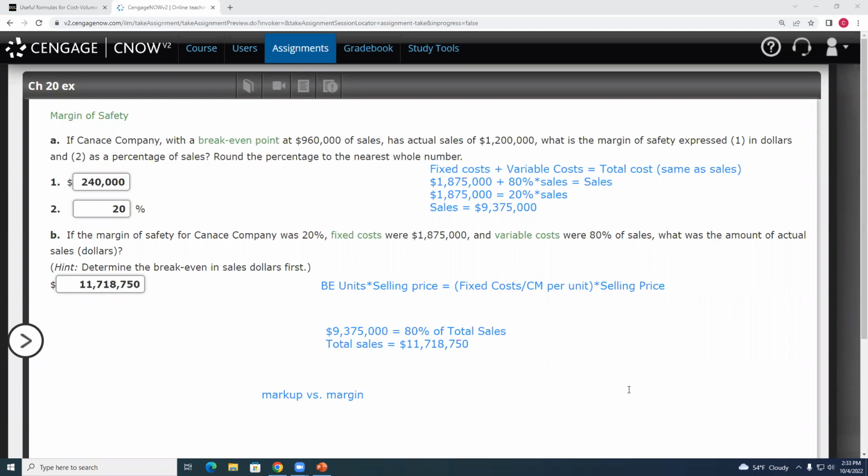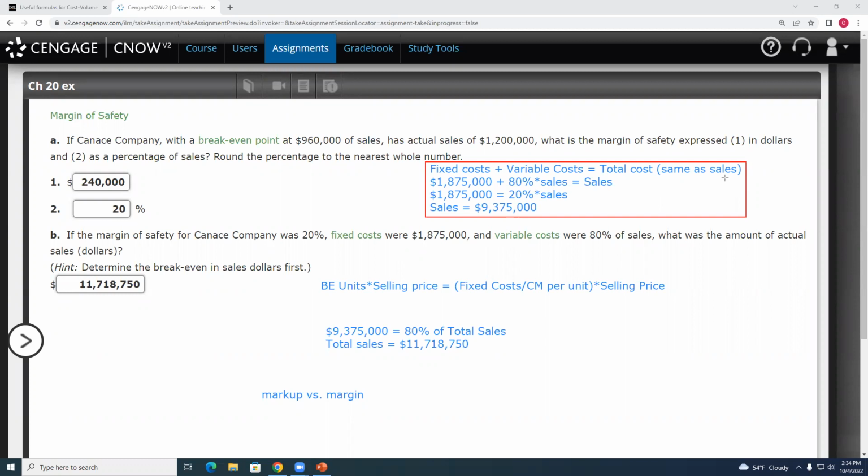How did you get the 9,375,000? Yeah. So let me just walk through this calculation again. I was trying to put this in terms of things you already knew rather than giving you a brand new formula. We know that fixed costs plus variable cost would be the total cost. And if it's break even, that total cost would be the same as sales.